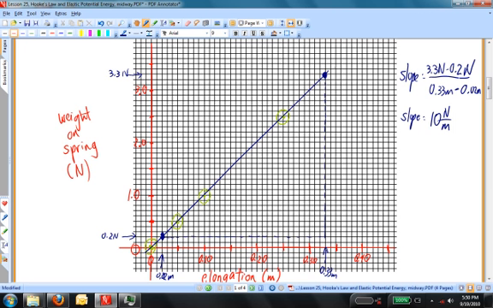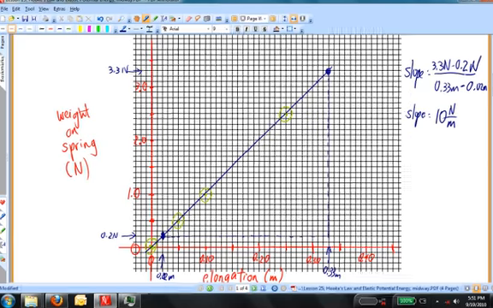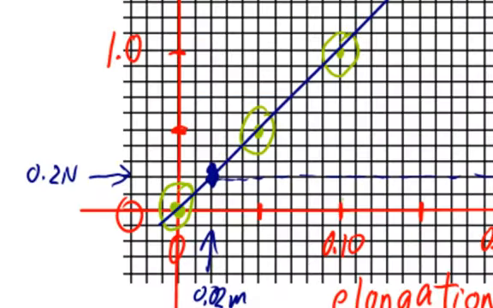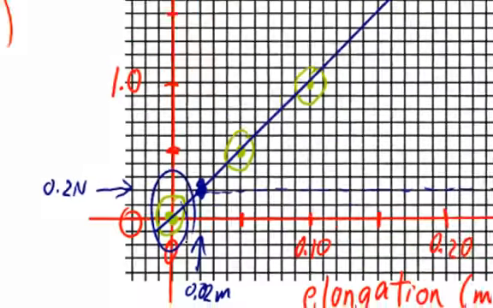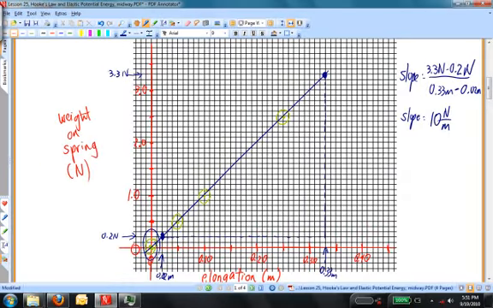Now the equation for this line is going to be y equals mx plus b. Y happens to be force. X is going to be the amount of elongation. B, the intercept, looks like it's right there at the origin. So I could write this as the y variable, the force, is equal to the slope times the amount of elongation.